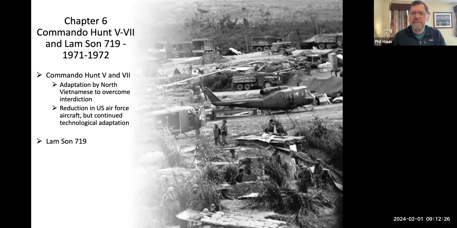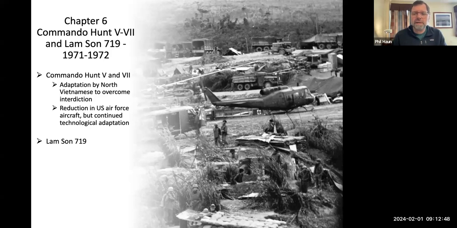Also, the North Vietnamese decide, unlike in Cambodia, they decide to stand and fight. And the air defenses that they have, while not significantly effective against fixed wing jets and other high altitude aircraft, they're highly effective against the helicopters, which have been a workhorse for the U.S. Army and the South Vietnamese in South Vietnam.